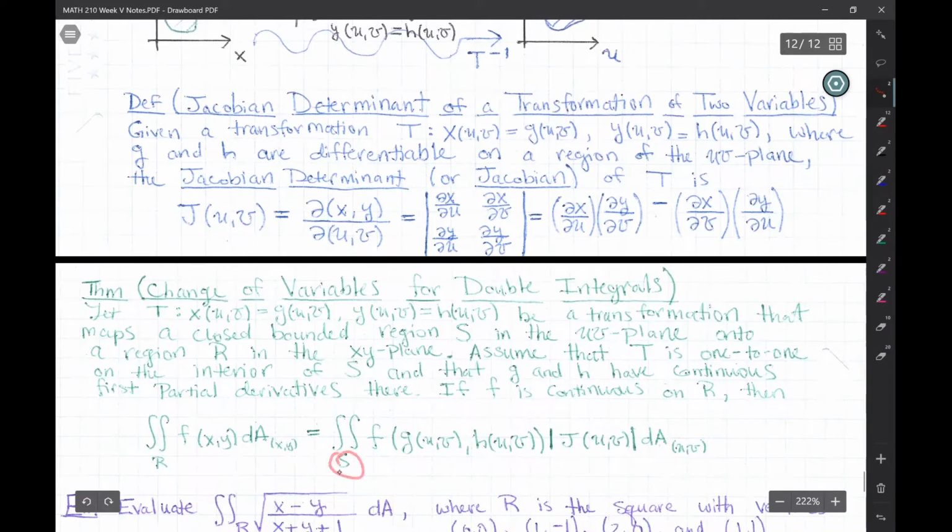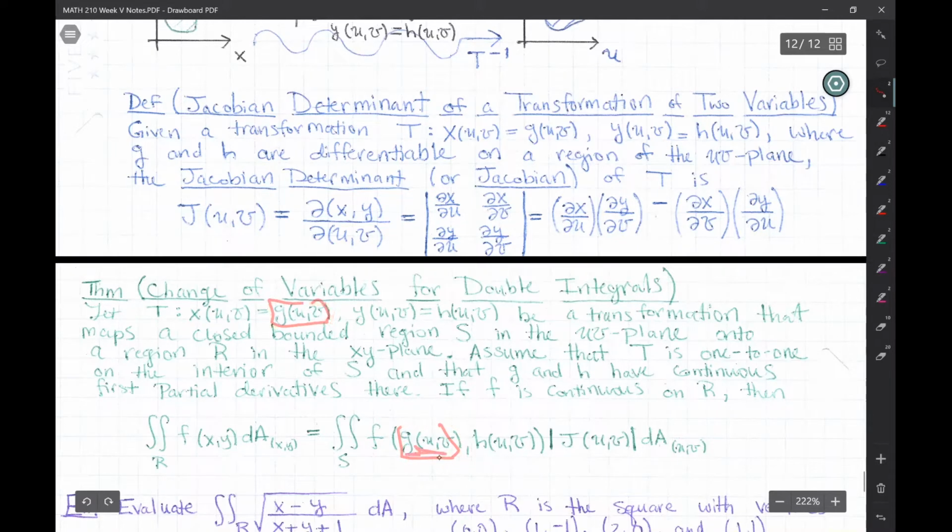Well, first we have to get our new region S by the inverse transformation. That will give us our bounds. Wherever we see an x in our original function, we're going to plug in the expression of x in terms of u and v. So you could imagine this as just some expression of u and v.